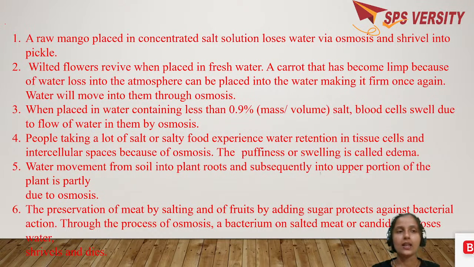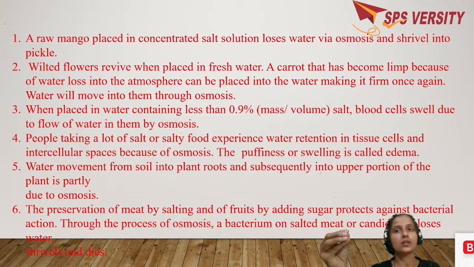And then you know that all the injections have a concentration of 0.9% NaCl, which is equal to normal saline concentration. If a blood cell is dipped in a solution which is greater than this concentration, then osmosis is going to happen. The cell has a concentration equal to 0.9% saline, and you are going to keep that blood cell in the higher concentrated solution.